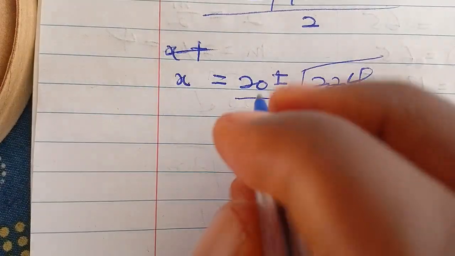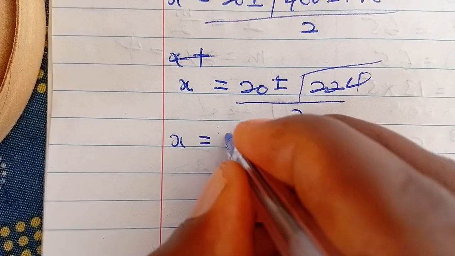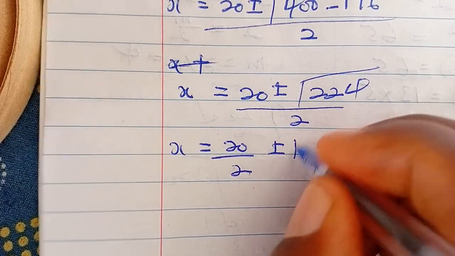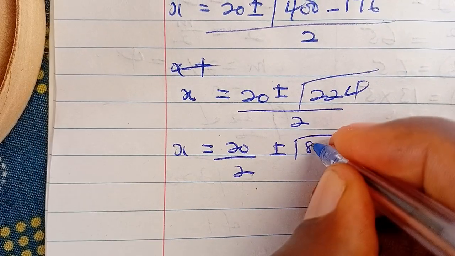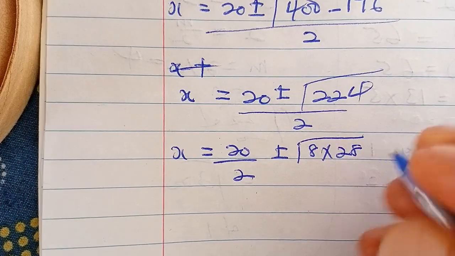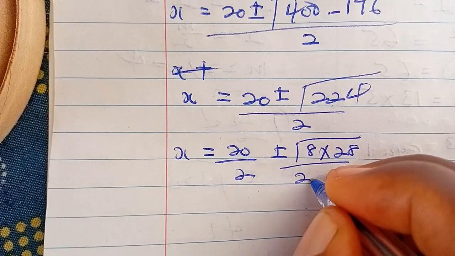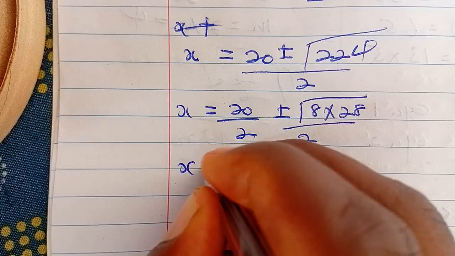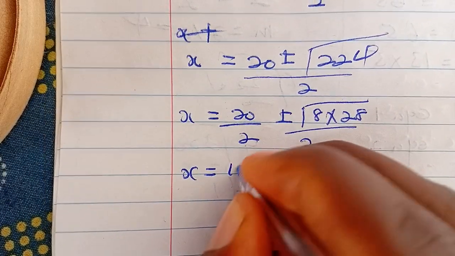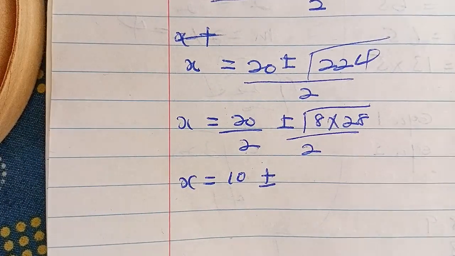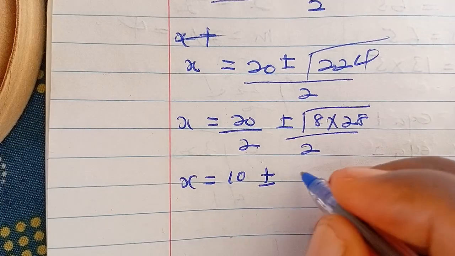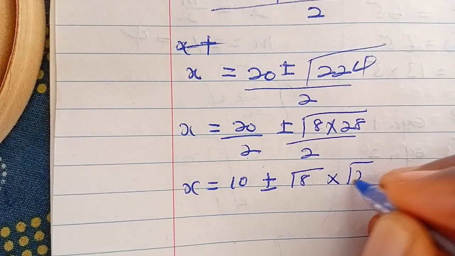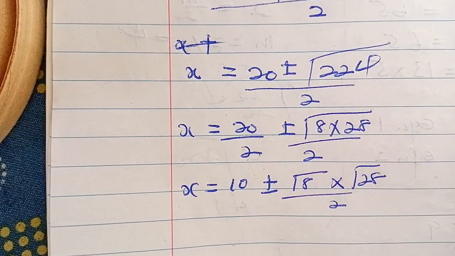So you can have 20 over 2 plus or minus the square root of 224, which is the same as the square root of 8 by 28, all over 2. So x equal to 10 plus or minus, let's break this down: root 8 times root 28 all over 2.